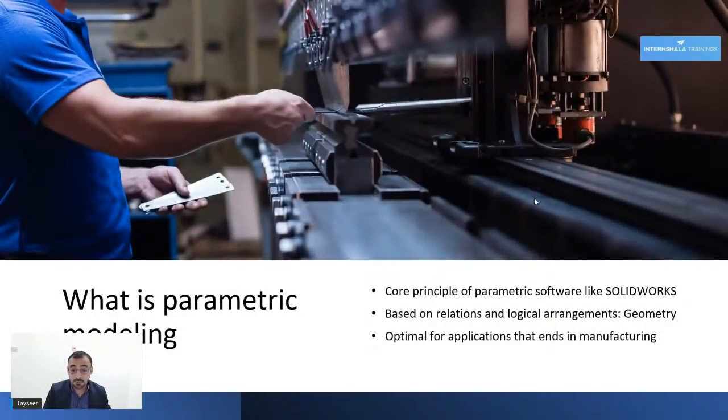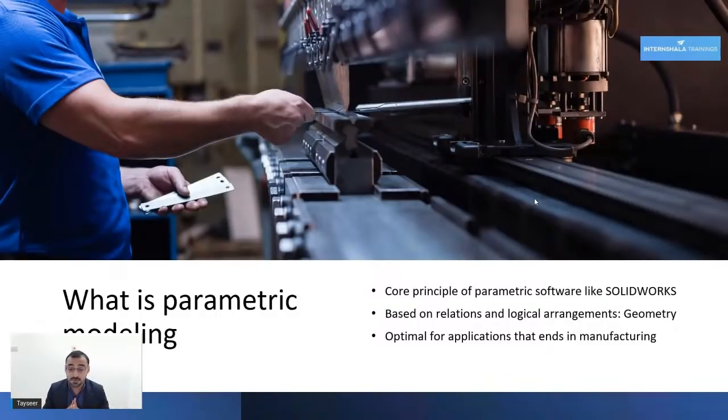What is parametric modeling? In a nutshell, parametric modeling is the core principles of a parametric software like SolidWorks. What does that mean? In parametric modeling, we are creating 3D models based on relations and logical arrangements.